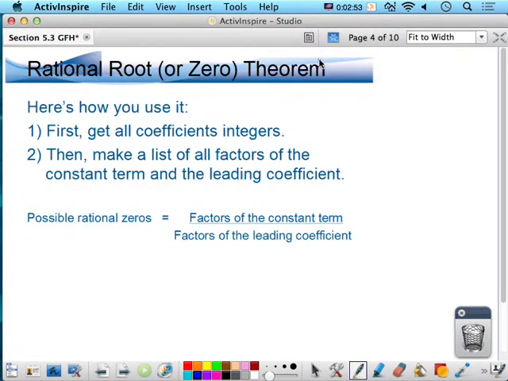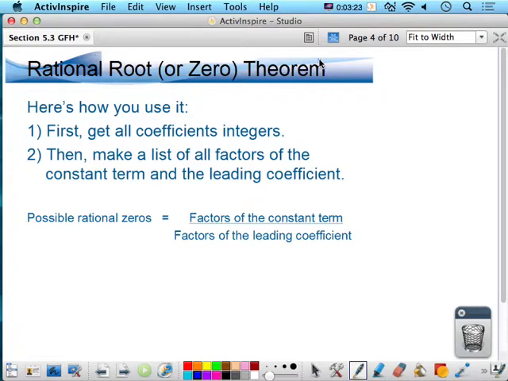So here's how we use the rational root theorem. First, if your polynomial has any fractions in it, get rid of them. Multiply through by the common denominator. Make sure all of your coefficients are integers. Then make a list of all of the factors of the constant term and all of the factors of the leading coefficient.